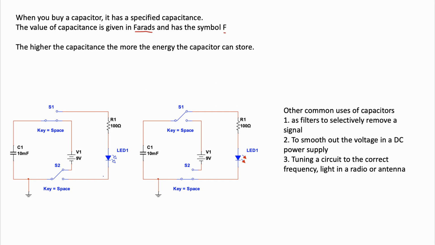So here I'm showing just a little demonstration of a capacitor circuit. So here we have a 9-volt battery again, and we've hooked it up to a 10 millifarad capacitor. And this part here is not hooked up to anything, so you could just pretend it doesn't exist for the moment.